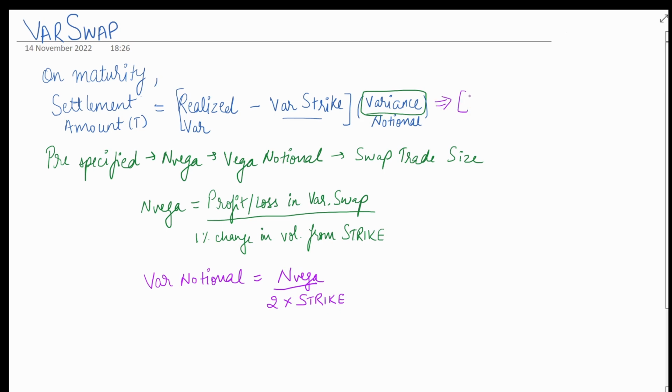This implies that the settlement amount at maturity is equal to (realized variance minus variance strike) into Vega notional upon 2 into strike. Strike and realized values here are squared because they are usually denoted as volatility. So to convert them to variance, we have squared both the values.